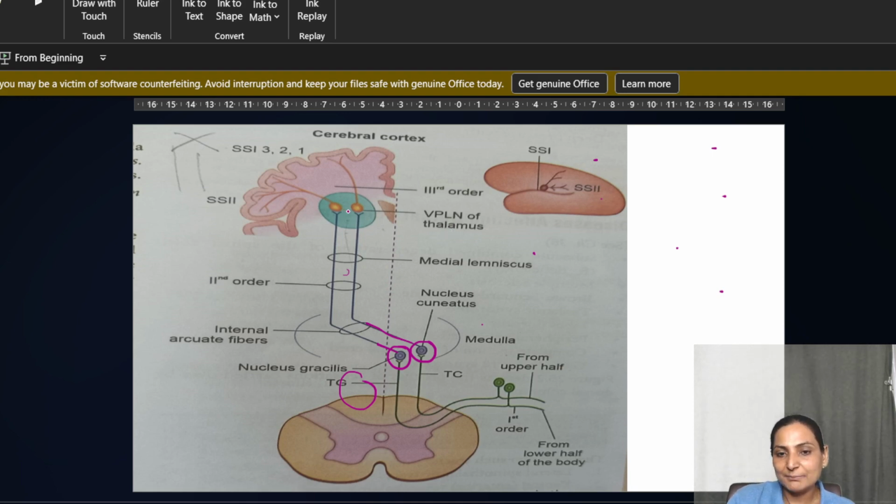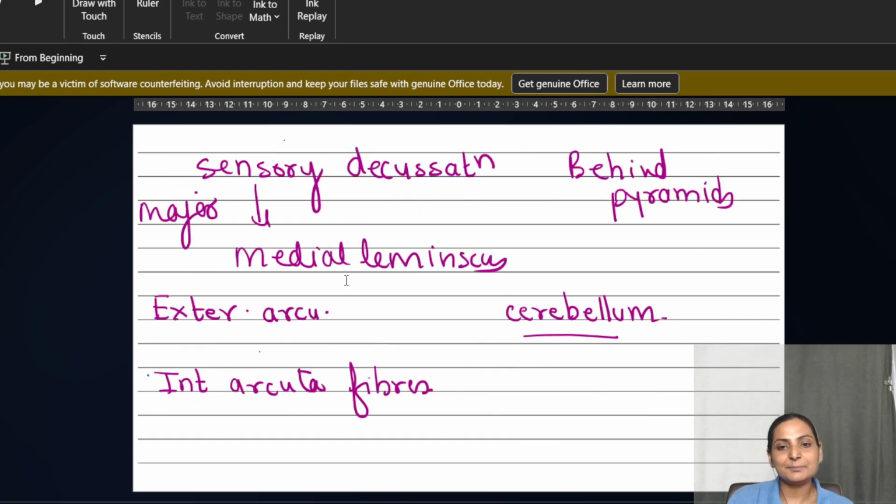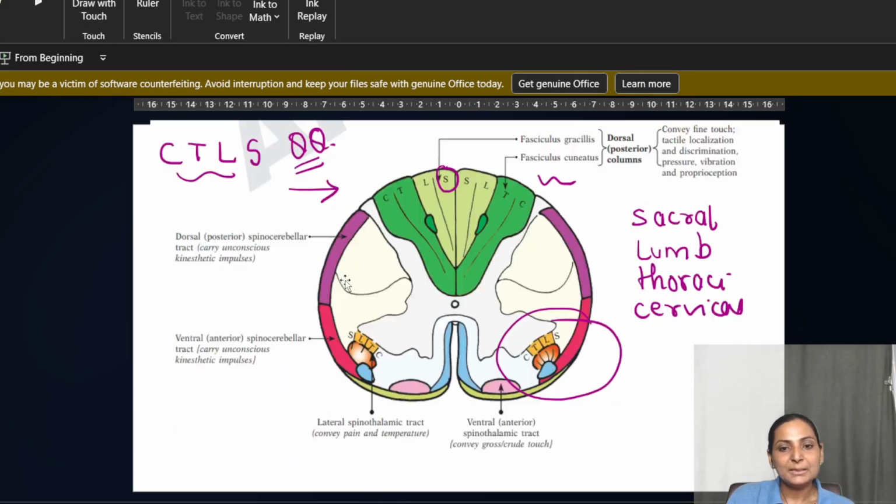They go to the thalamus, and from there to areas 3, 1, 2, and fibers also go to somatosensory area 2. You have two sensory areas, 1 and 2, that is primary and secondary. So this is the description given in the books. But when you have to draw, you can just draw it as simple as this, because nobody is going to test your drawing, just how the tract passes through its pathway.